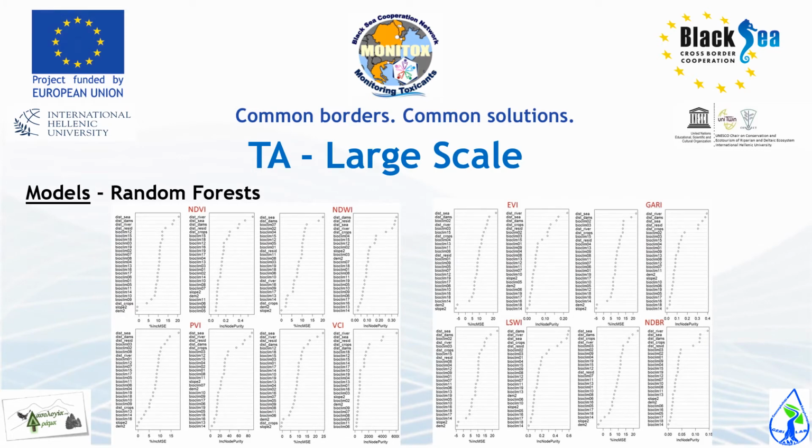Some of them were territorial, like distance to the sea, distance to the river, distance to the dam, and the others were climatic ones, like mean temperature or yearly precipitation. The results are quite easy to interpret because the greater the value one of the predictor variables has, the more important it is. And what we found was, at least in this case, that distance to sea, distance to river, and distance to dam were more important.